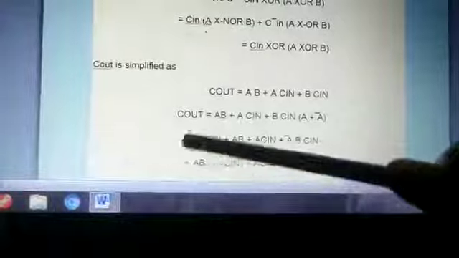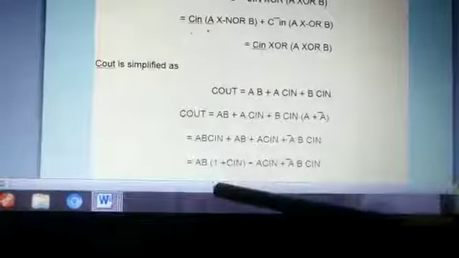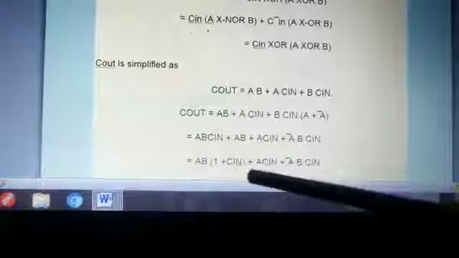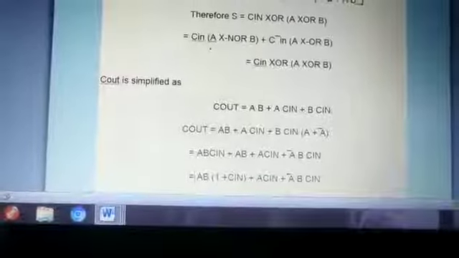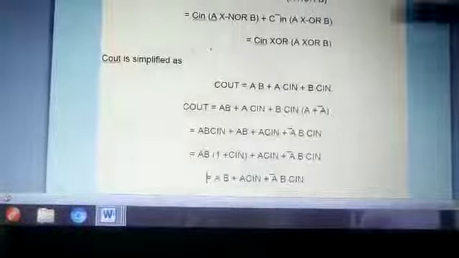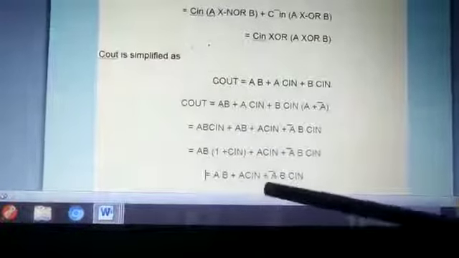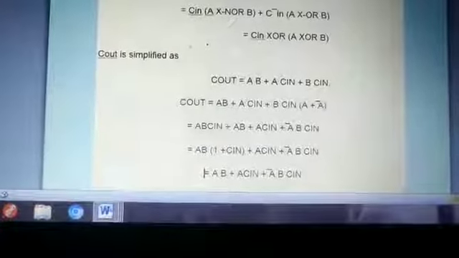Then we arrange and take common. Taking A B common, what is left is 1 plus C in plus A C in plus A bar C in. 1 plus X means 1, so it becomes A B plus A C in plus A bar B C in.